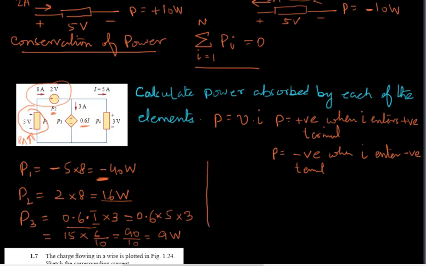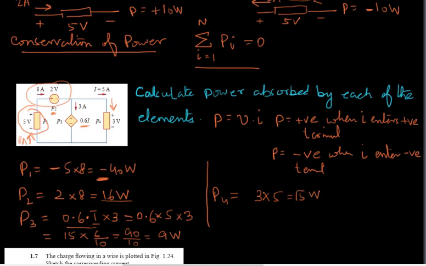Let's compute the final power here, P4, and that power is, you can see, voltage is 3 volts times current is 5 amperes, and the current is entering the positive terminal, so it's going to be positive power, and it results in 15 watts power consumed.